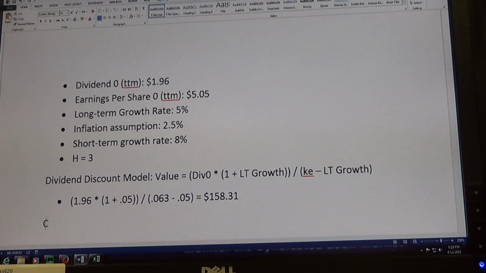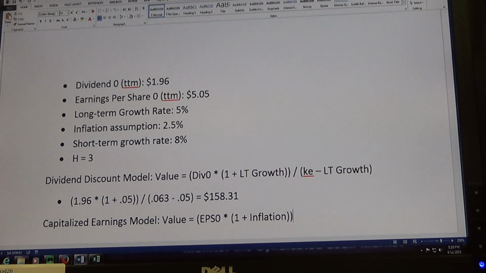Okay, the next one is the capitalized earnings model. It says the value equals EPS 0 times 1 plus your inflation assumption divided by KE minus inflation.